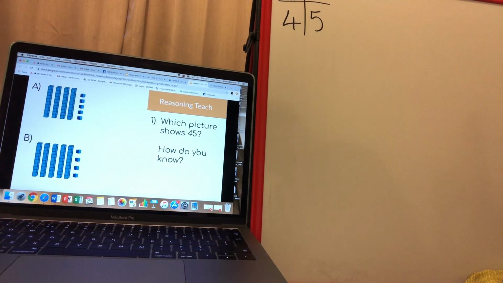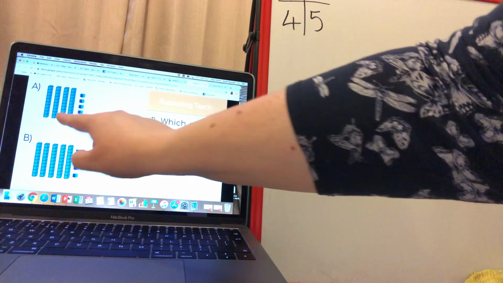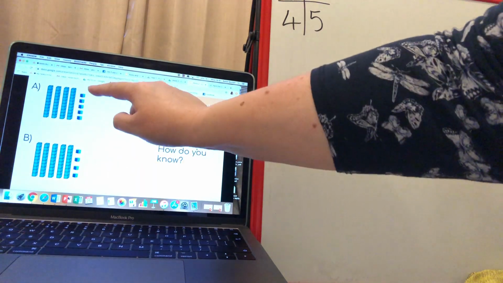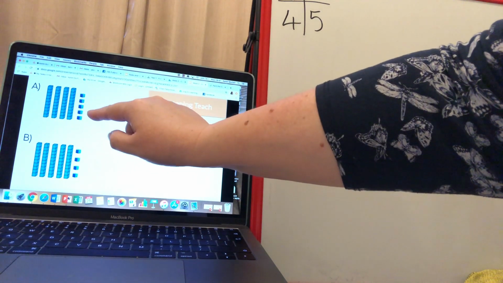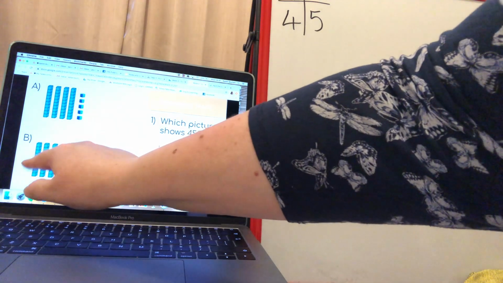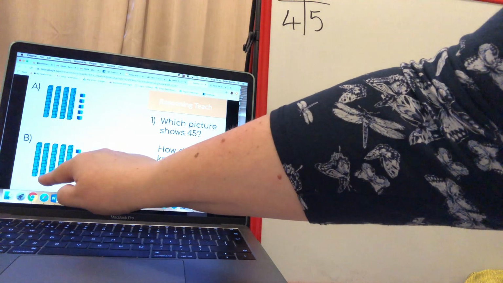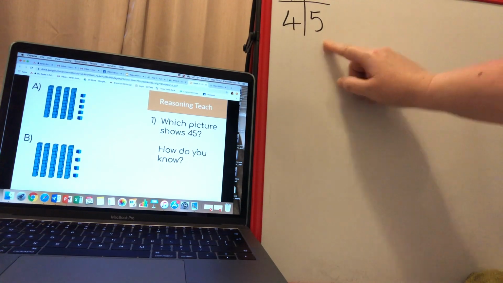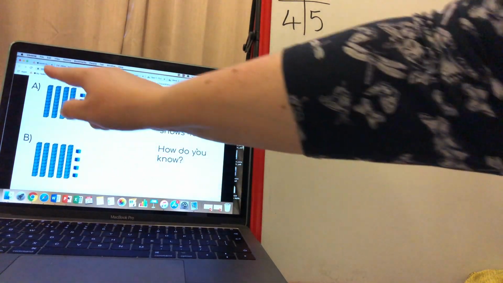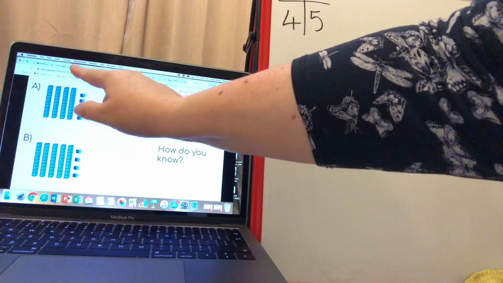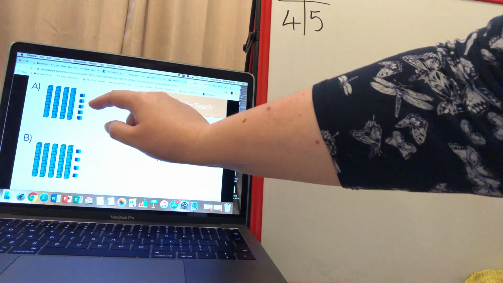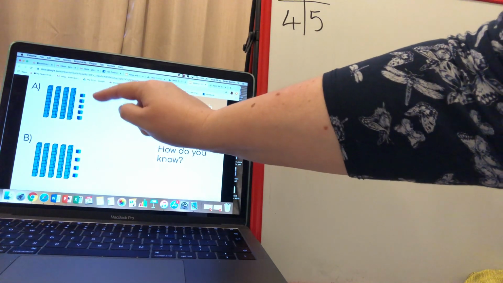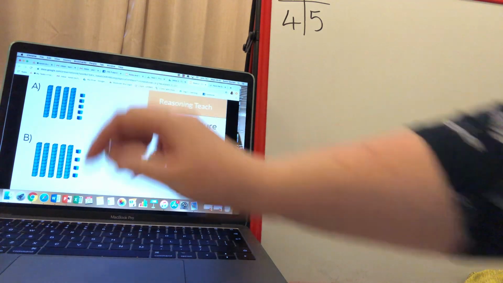So let's have a look at the pictures. 1, 2, 3, 4. This one's got 4 tens. 1, 2, 3, 4, 5. And 5 ones. This one's got 5 tens and 4 ones. We need 4 tens and 5 ones, so it's A. Let's check. 10, 20, 30, 40, 41, 42, 43, 44, 45. Yep, A is definitely the right answer.